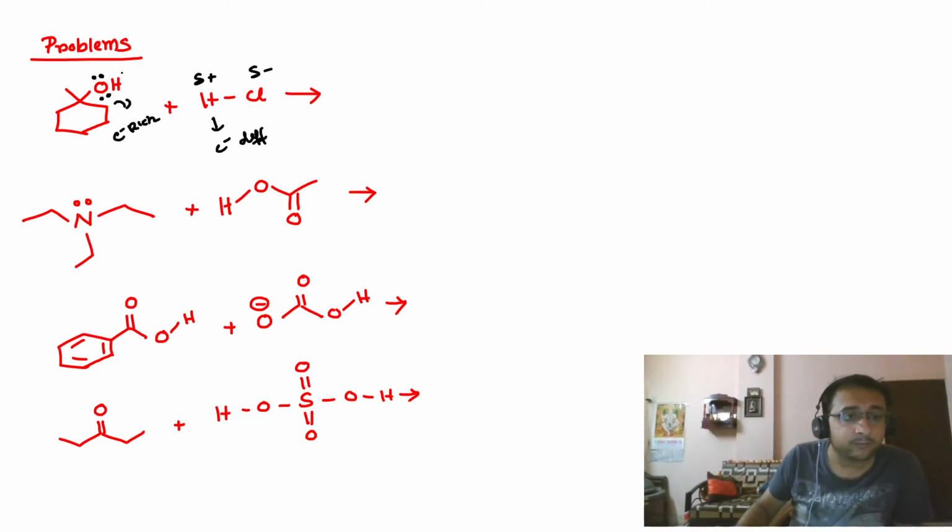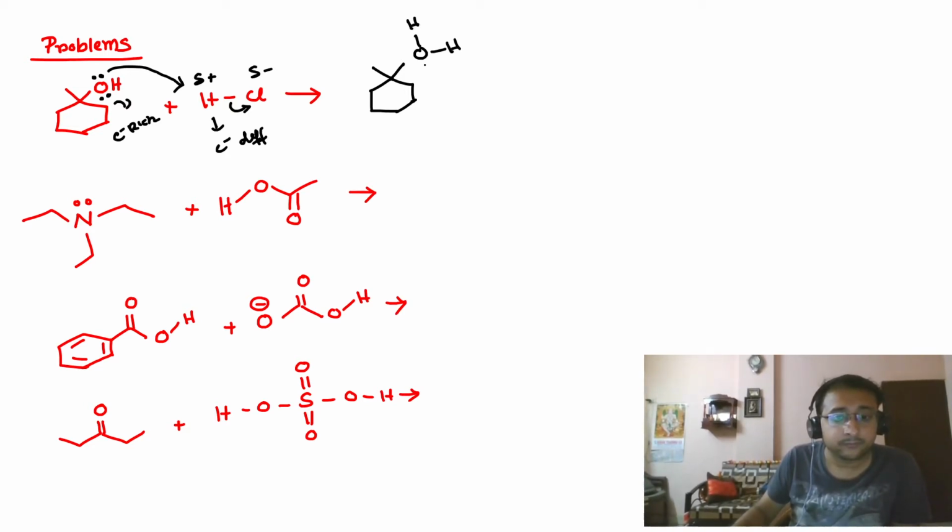There will be movement of electrons from this electron rich center to the electron deficient center, and this bond will be broken. So this is the product that will be formed, and chloride minus ion will be formed.